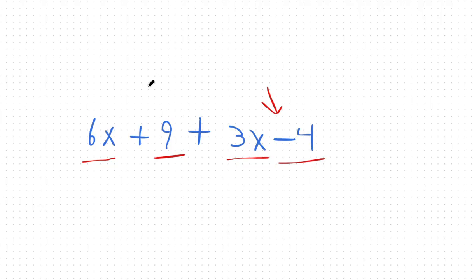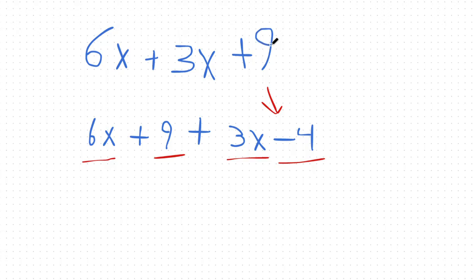Sometimes it can be helpful to reorganize this. And we would do so by placing them beside each other. So let's go ahead and write that out. 6x plus 3x plus 9 and minus 4.